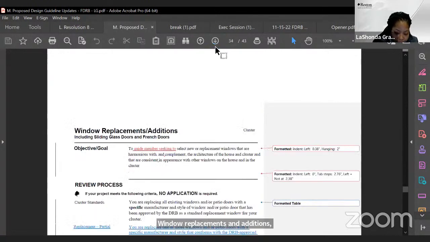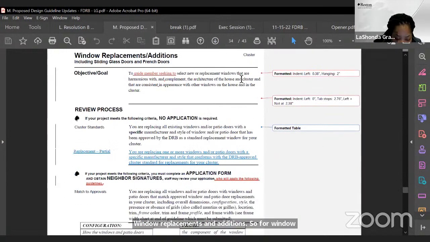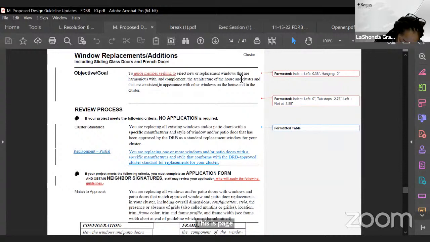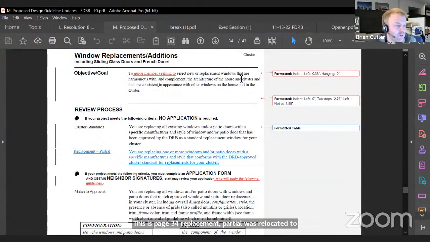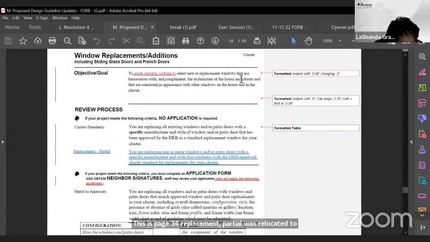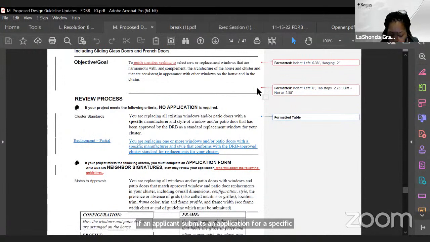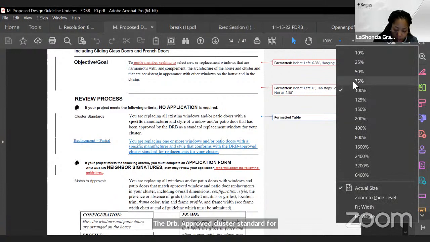So for window replacements for clusters, this is page 34. Replacement partial was relocated to no application needed because what is being proposed is if an applicant submits an application for a specific manufacturer or a style that conforms with the DRB approved cluster standard for replacements for your cluster, then it would be good to go.